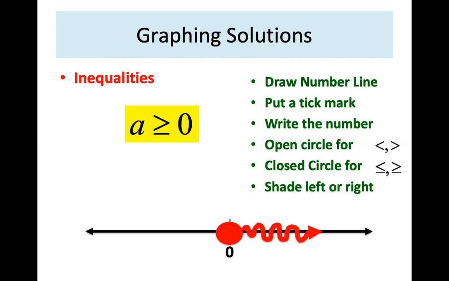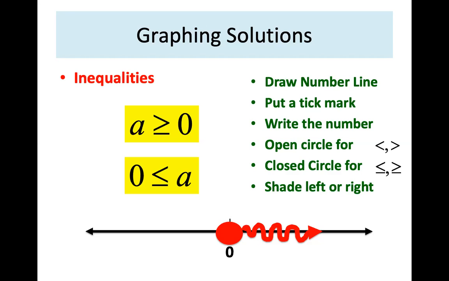Which way is that pointing? It's pointing to the right, so therefore I shade the right. Well, yeah, guess what happens when you put the variable on the other side? Now it's the opposite. The solutions are bigger than 0, right? So I still shade to the right, and now the arrow points the other way.